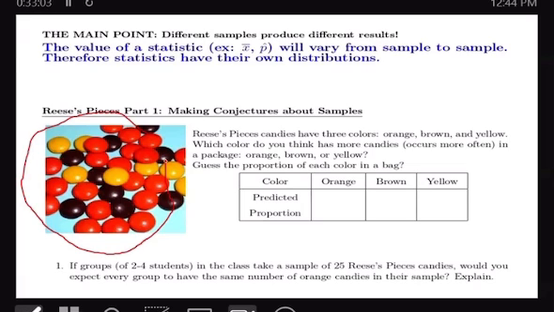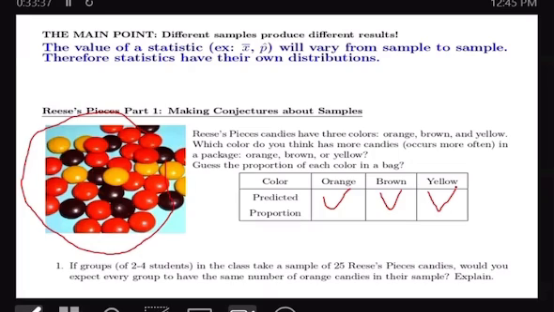Maybe I'm actually going to say, pick 20 randomly, report the number of orange, report the number of brown, report the number of yellow. Maybe what I'm interested in is yellow, and I ask every one of you to do it. The number of yellow you will each report will not be the same. Does that make sense?